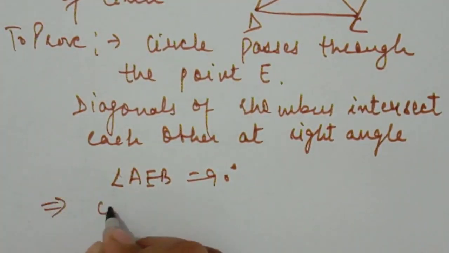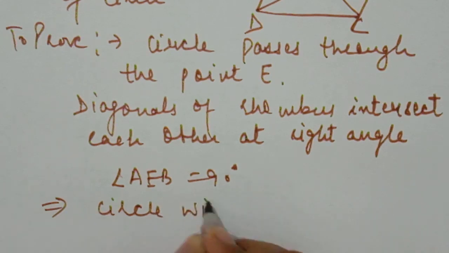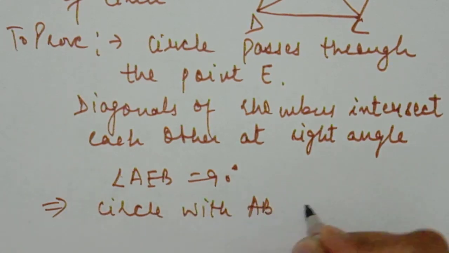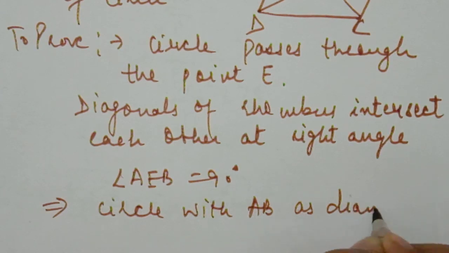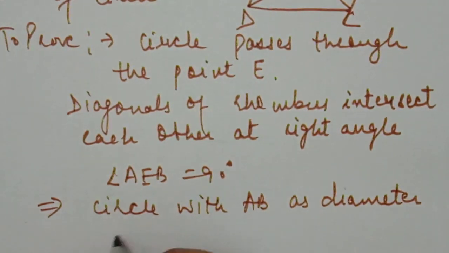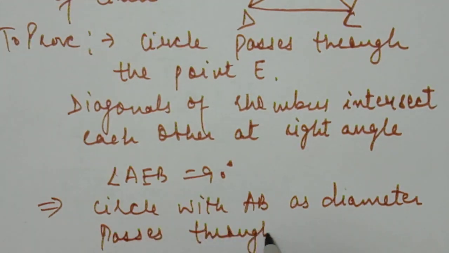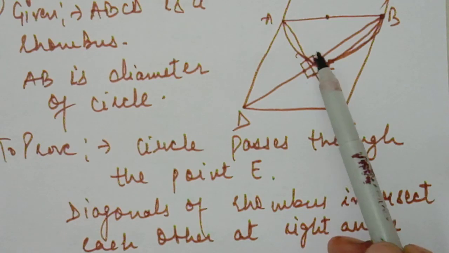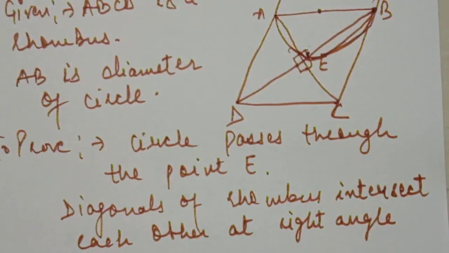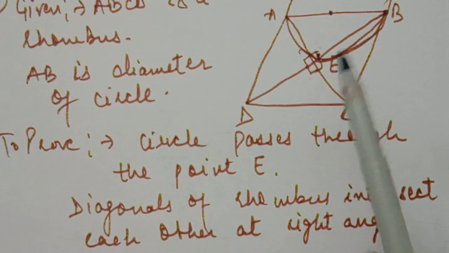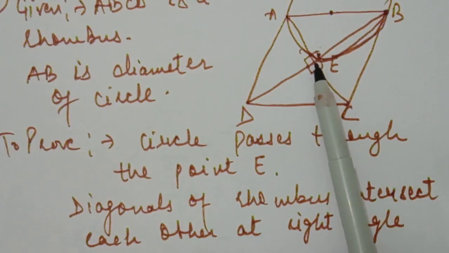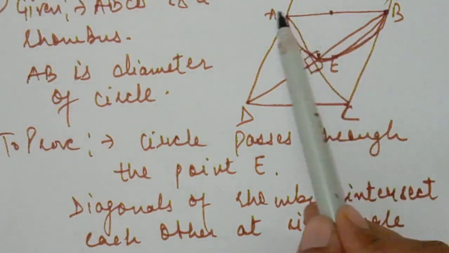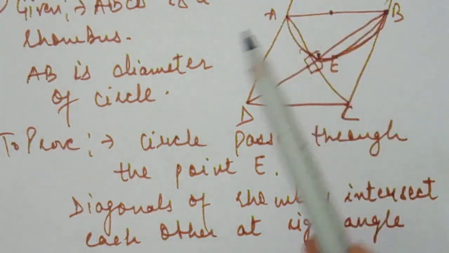So clearly it is visible that the circle with AB as diameter passes through E. How can we say that the circle passes through E? Because we know that this is a 90 degree angle: the diagonals of a rhombus intersect each other at the point of intersection and make a 90 degree angle, and the circle has AB as a diameter.